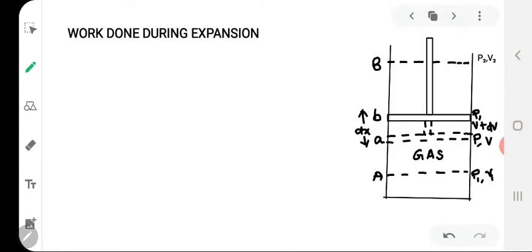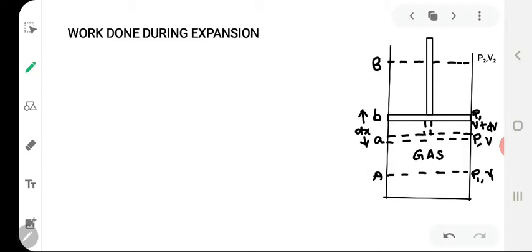Let's begin today's discussion by studying how to find out work done during expansion. For this we need to refer to the diagram that is coming right now on your screen. Let us consider a gas enclosed in a cylinder provided with a frictionless and weightless piston.